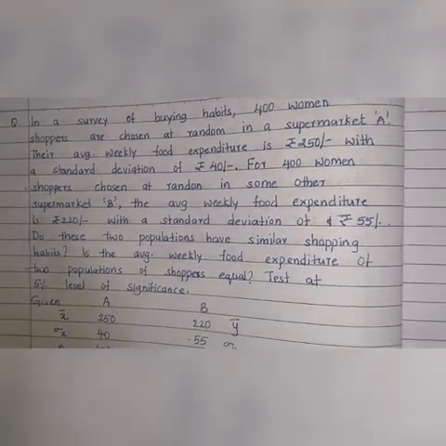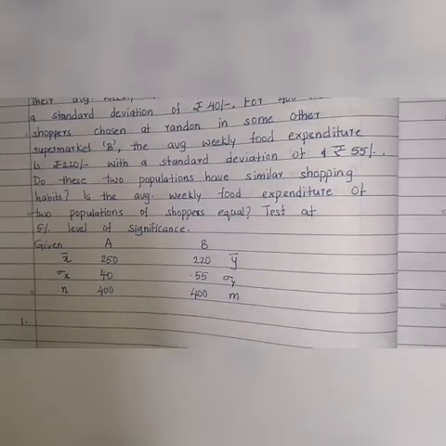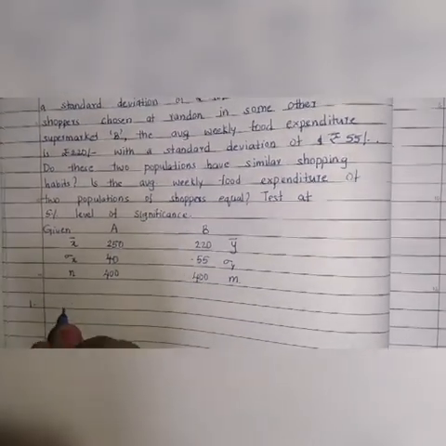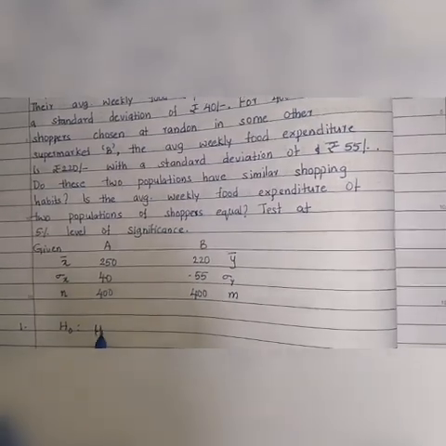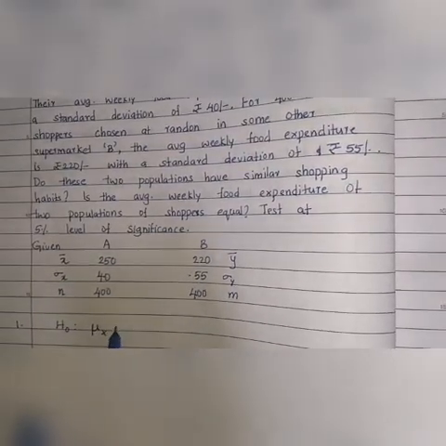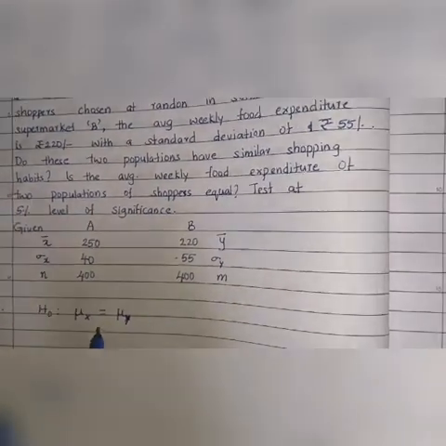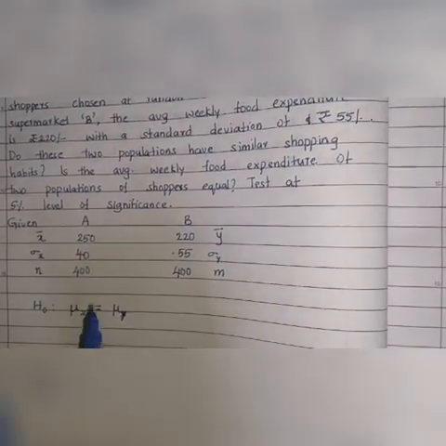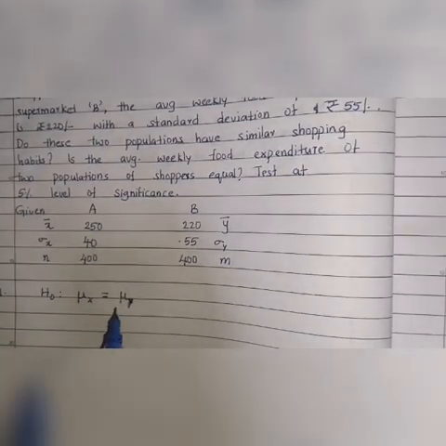So the first step is to write the null hypothesis. We say H naught, that the population averages are equal. There is no significant difference between the population averages of food expenditures.